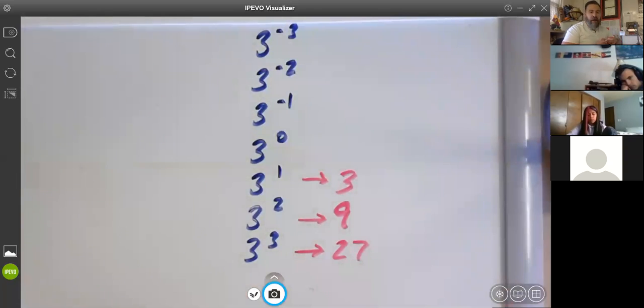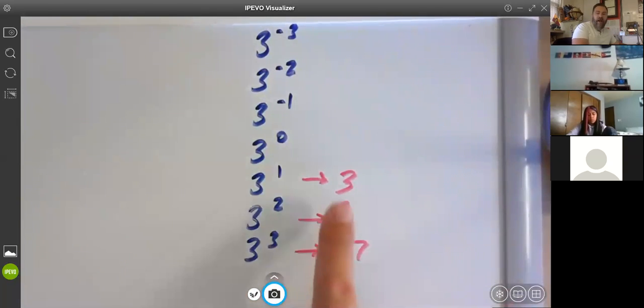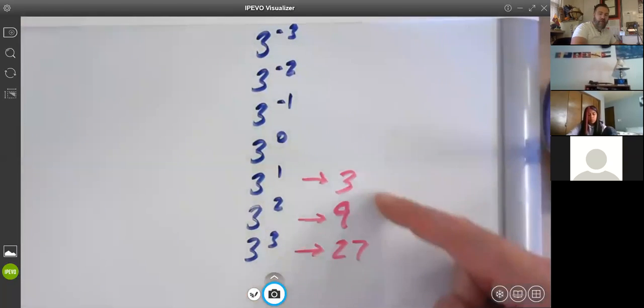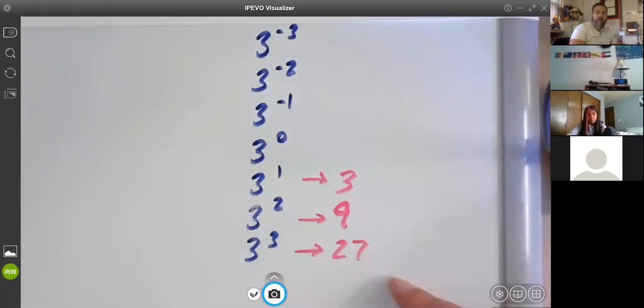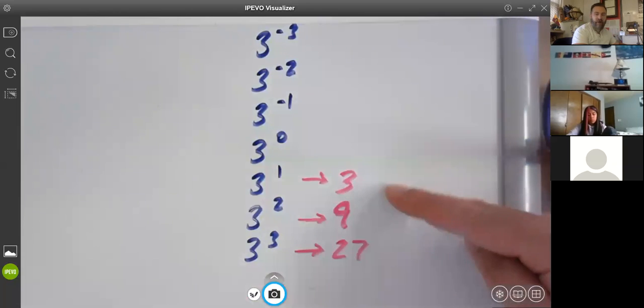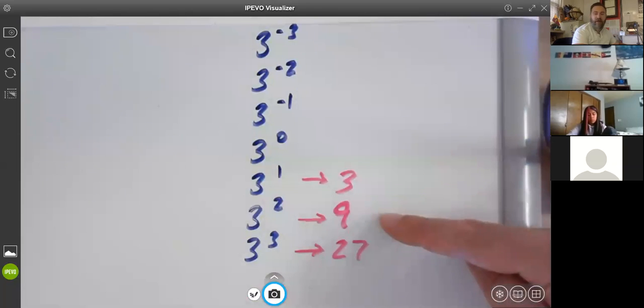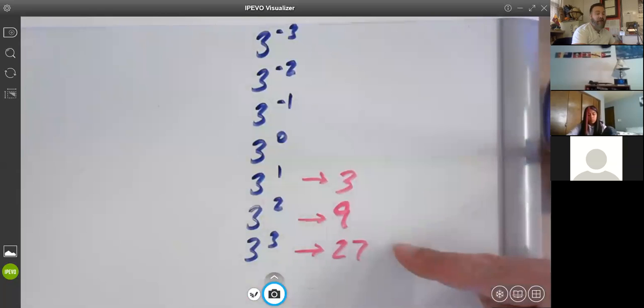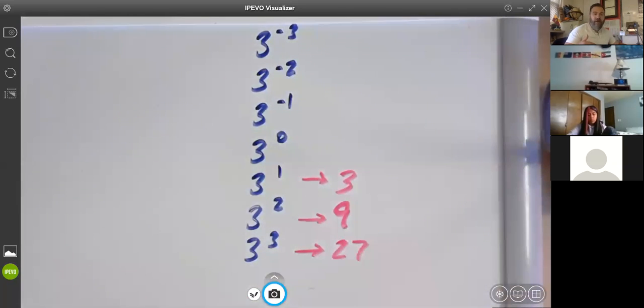What I want to point out is that if I were to expand this chart further and increase the exponent, I would find my next value going down by multiplying the previous value by 3. Starting at 3, I multiply by 3 to get to 3 squared, multiply by 3 again to get 3 cubed. If I wanted to go to 3 to the 4th, I'd multiply by 3 again and get 81. And I could keep going.